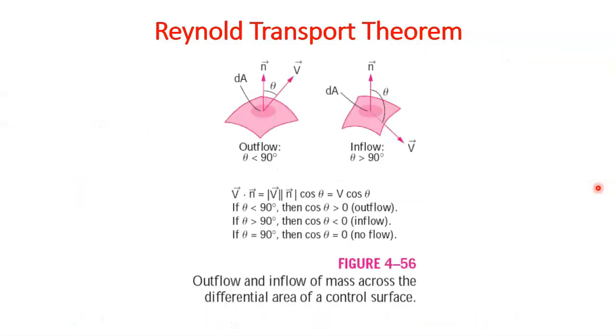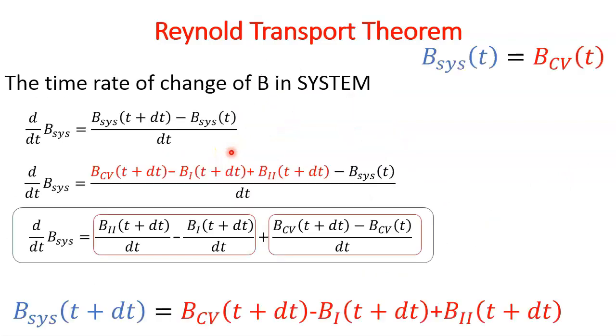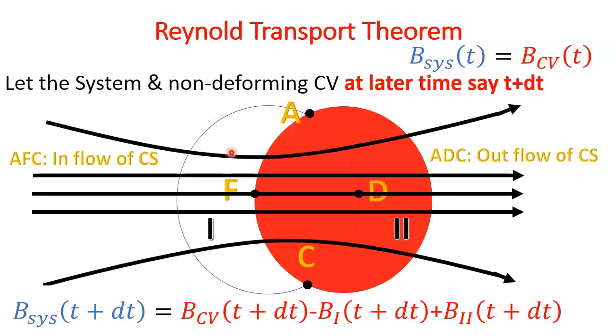Before handling that, we have to get into the surface representation and the geometry involved. Let us suppose that we have the outflow surface which is being represented by ADC, and the influx surface of the control volume as AFC.